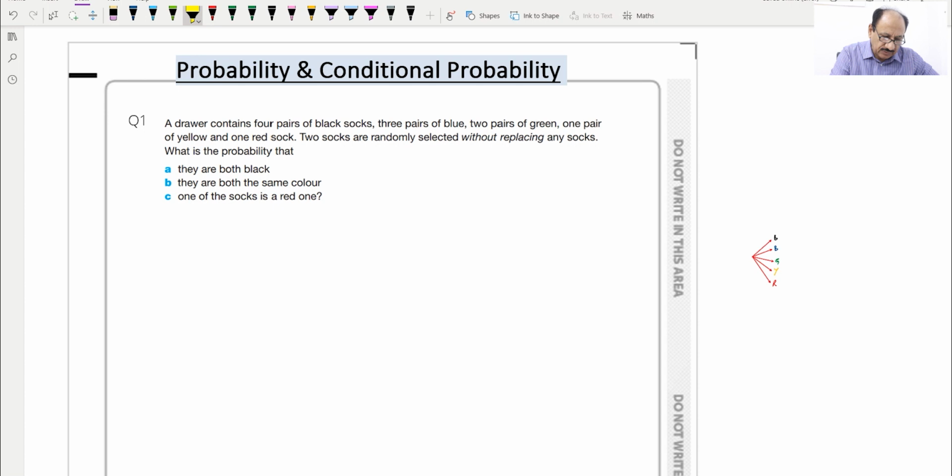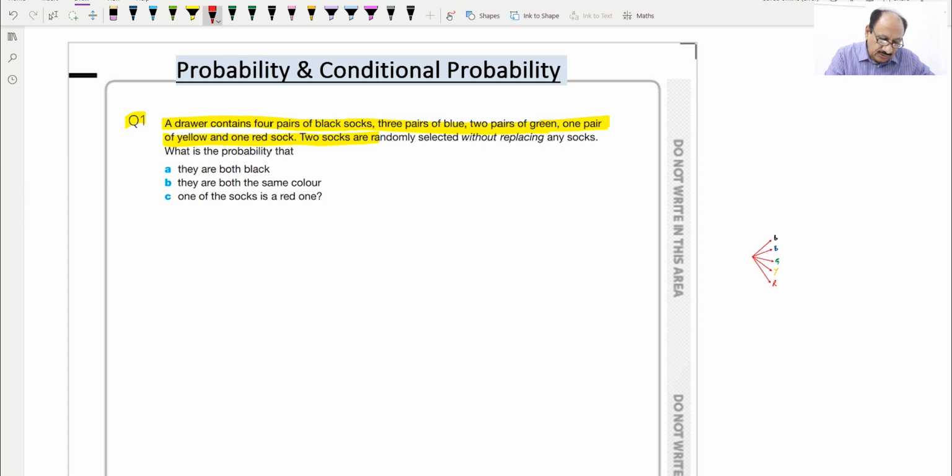Now, the first question: a drawer contains 4 pairs of black socks, 3 pairs of blue, 2 pairs of green, and 1 pair of yellow and 1 red sock. You know that probability questions have very important wording.